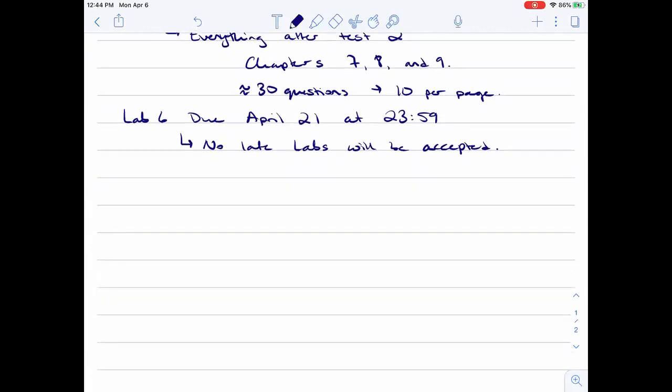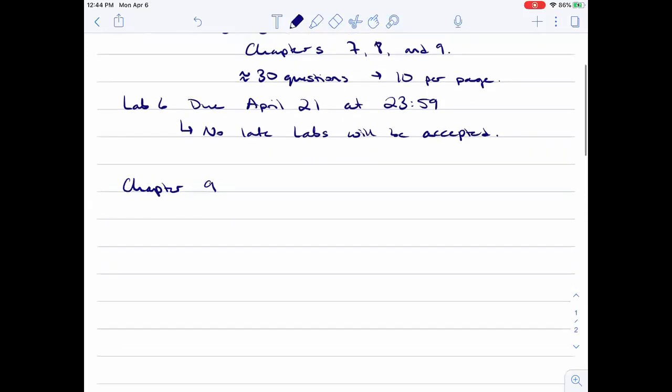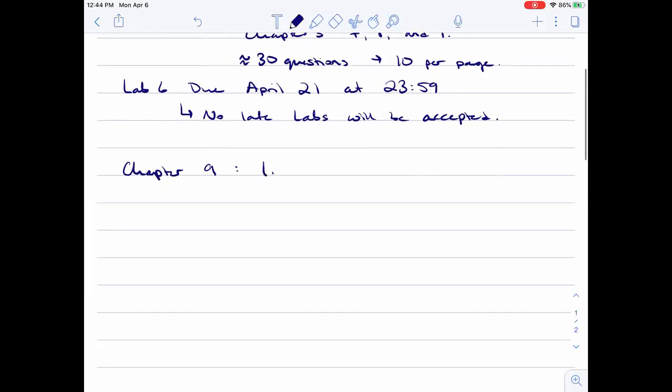Okay, anything else before we start our last chapter that we're going to finish today? So we're doing chapter 9, which is on logistic regression. From what I understand, you guys have done logistic regression in probably 1 or 2 courses, definitely with Norm, is what I've been hearing.